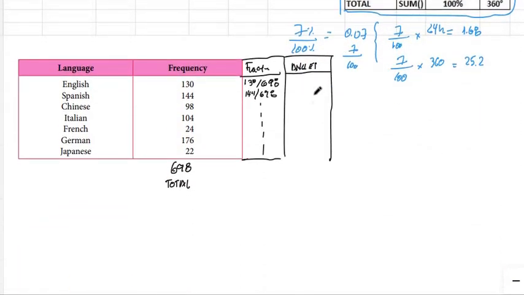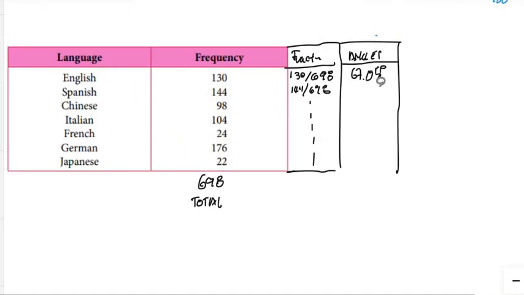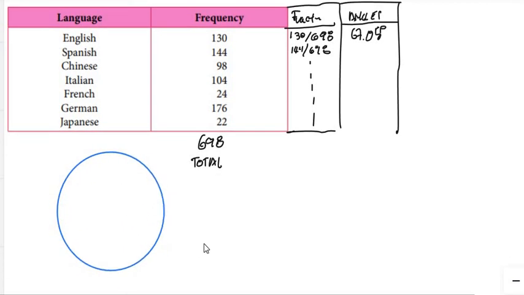For example, this is 130 divided by 698 multiplied by 360. This is 77.05 degrees. So that is the degrees. If you want to make a pie chart, the first thing you have to do is draw a circle. So this is a circle, more or less.